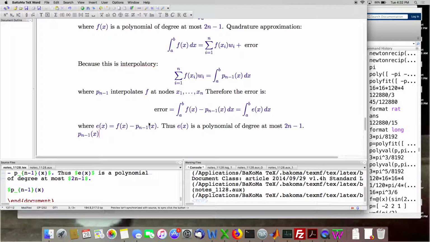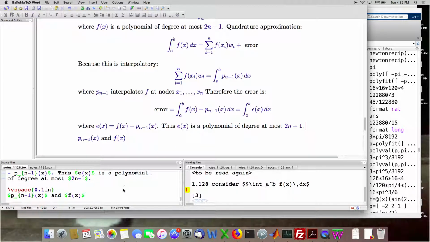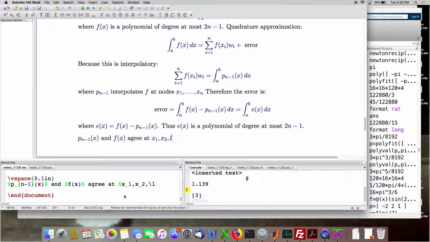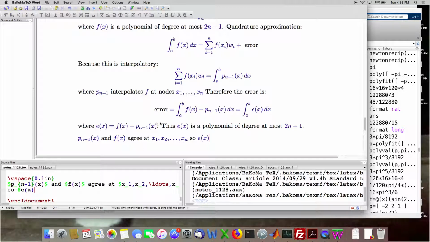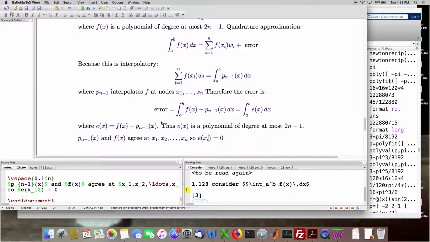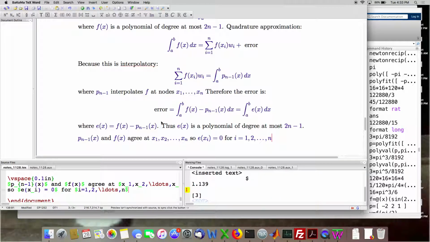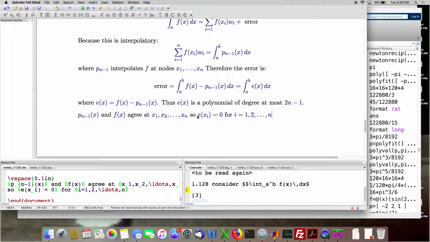Now, these two polynomials, Pn minus 1 and f, they agree at the nodes. So what that means is this error polynomial has those nodes as roots. Now, when a polynomial has certain roots, well, what can we do?